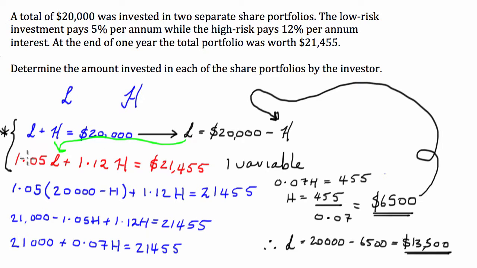The hardest part would be finding the two relationships that we have between, in this case, L and H. It'll sometimes be X and Y, A and B, whatever. So what I would do is try and expose yourselves to as many of these problems as you can where you have word problems rather than just equations that say solve these. Because coming up with your own equations is a battle in itself when you're starting out.